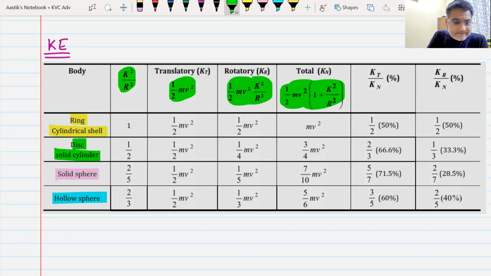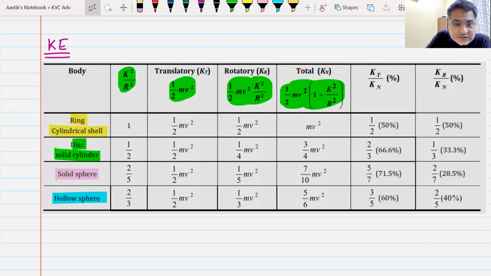So note down this table. Remember these small things, because normally what happens is we miss these small things in solving difficult questions.